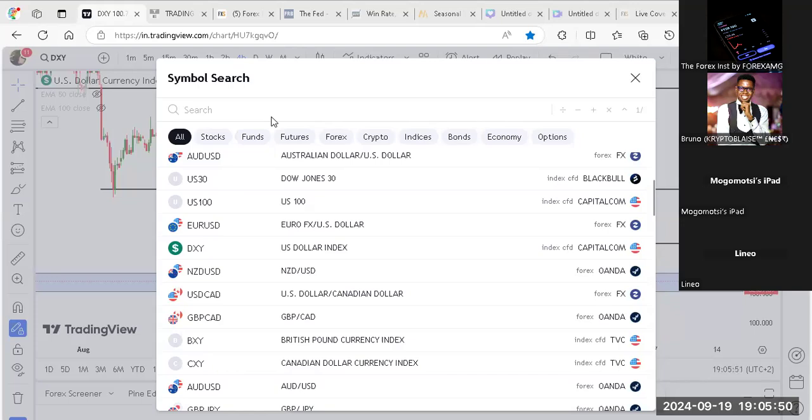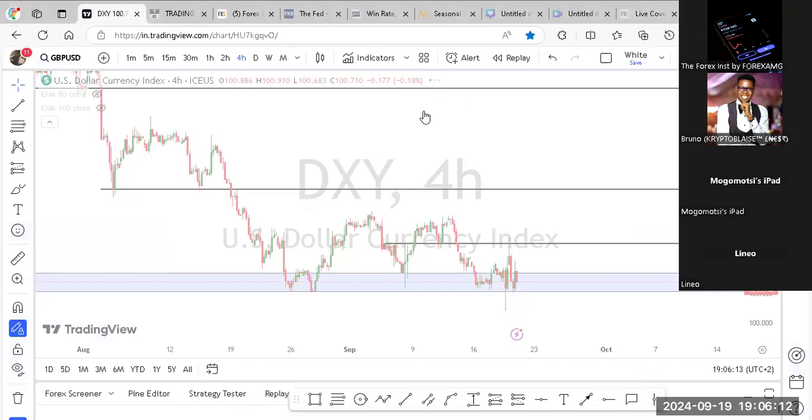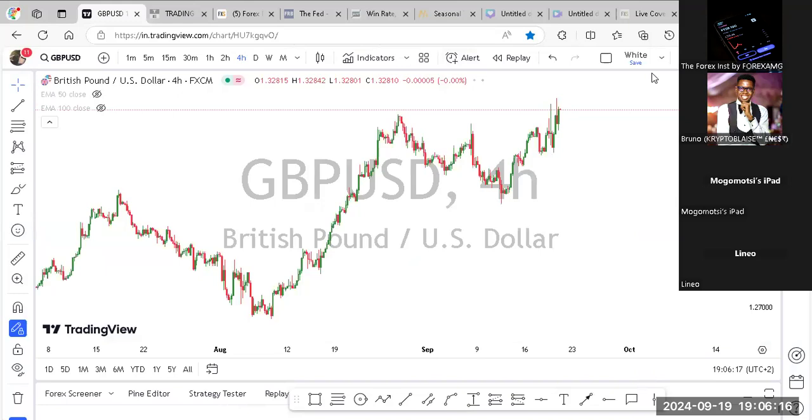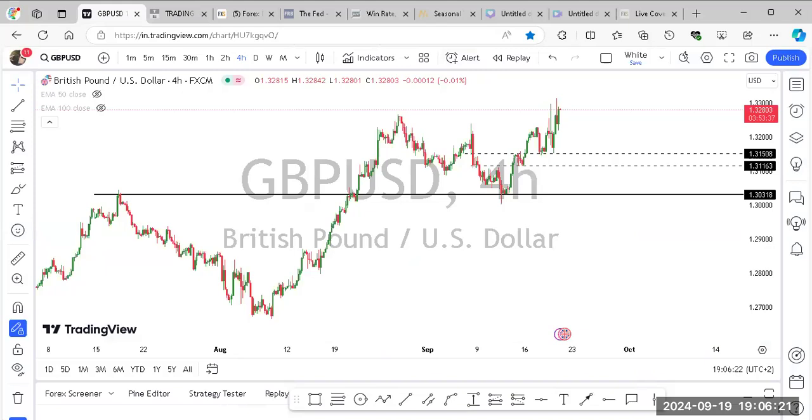All right, any currency pair? Let's do zone to zone. Currency pair, anybody? GBP USD. Okay, let's do GBP USD. Do I have any drawings on this one? Okay, this one.